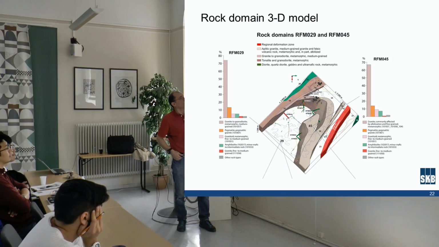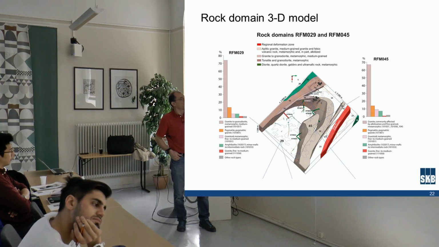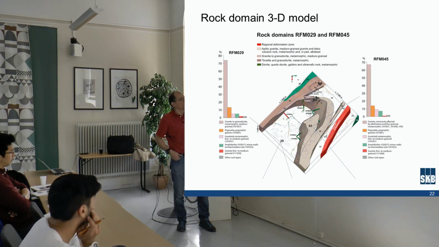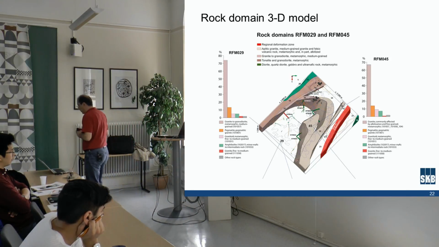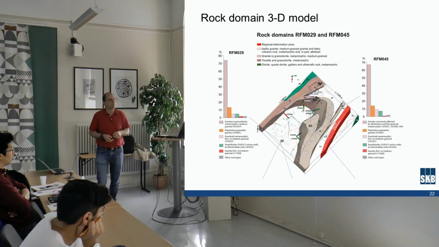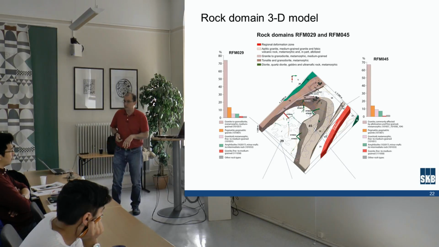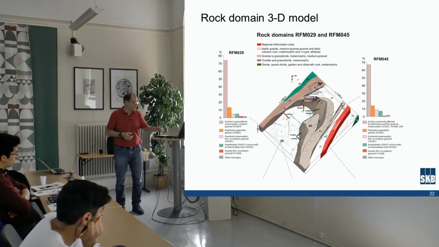There are two rock domains, 29, which is this one, and 45, which is this one, which meet the requirements for the repository. The rest is not fitted, it doesn't meet them.